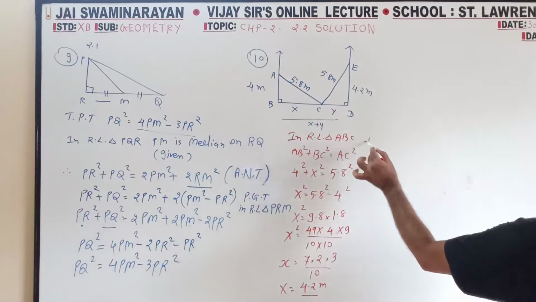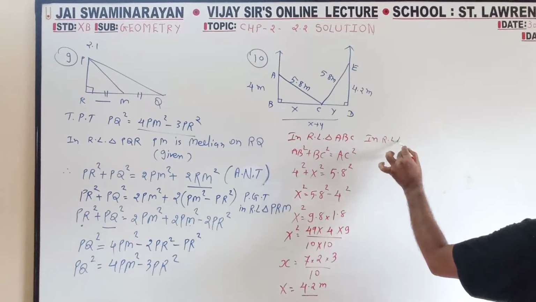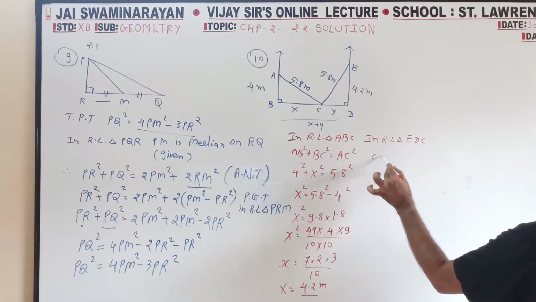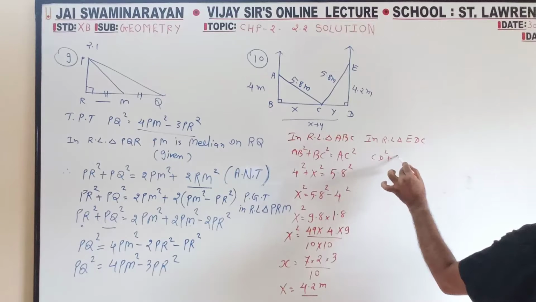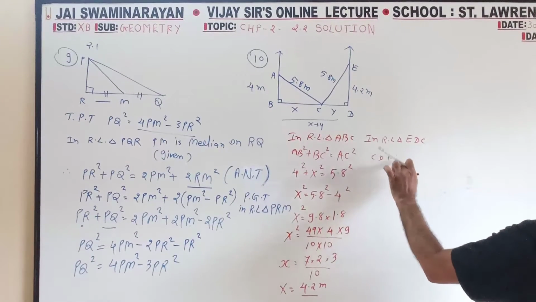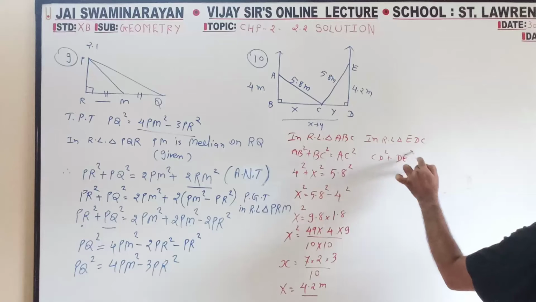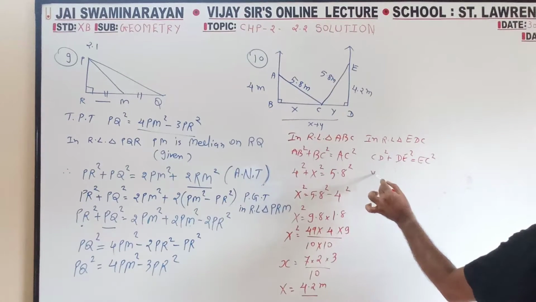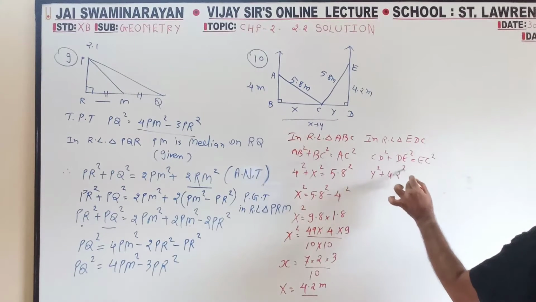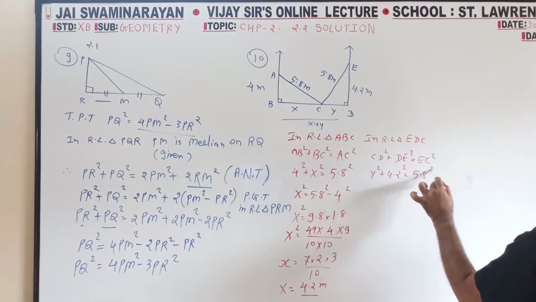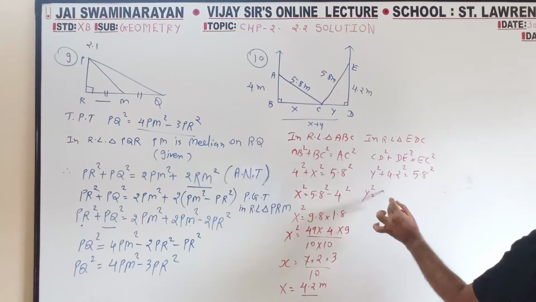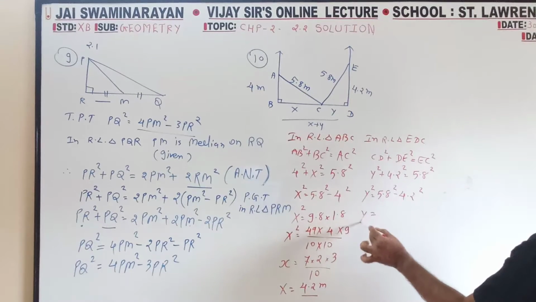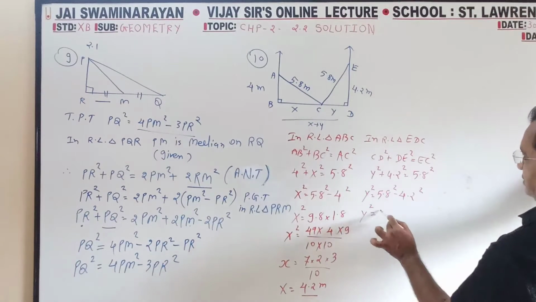Exactly the same in right angle triangle EDC. CD square plus DE square equals EC square. y square equals 5.8 square minus 4.2 square, so it is 10.